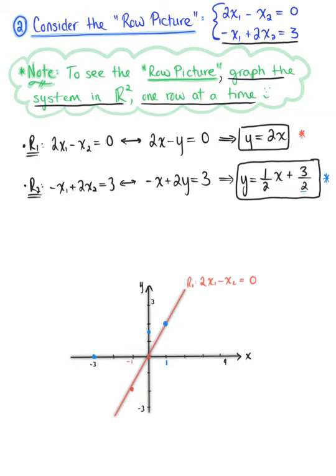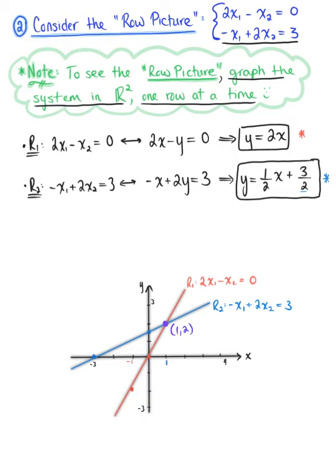Again, if you have that graphing paper, it'll be most helpful here. Otherwise, labeling is sufficient. So here is our second row, r sub 2, originally defined as minus x sub 1 plus 2x sub 2 is equal to 3. Looking at our beautiful row picture, our geometric interpretation of the rows, we can see the point that satisfies both lines at the ordered pair 1, 2.